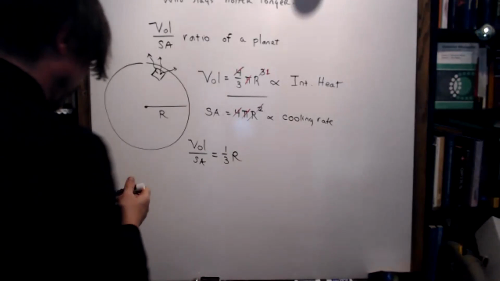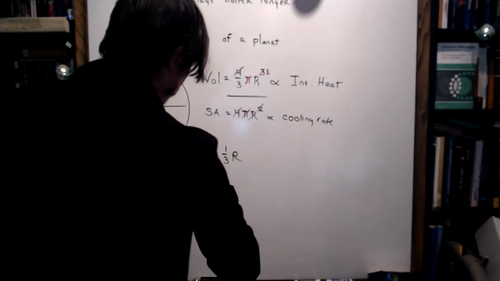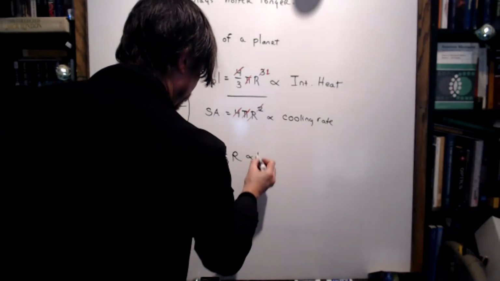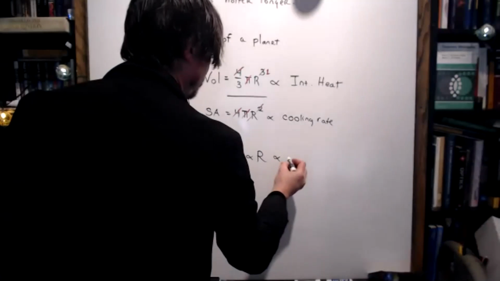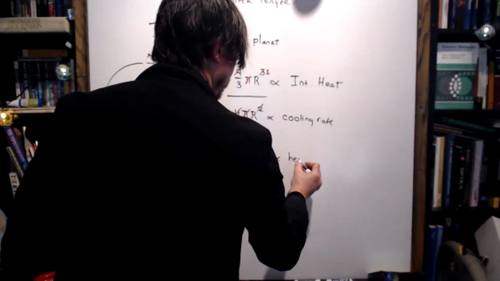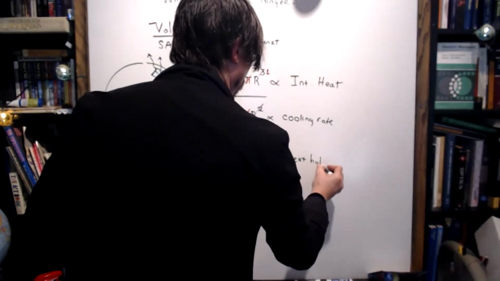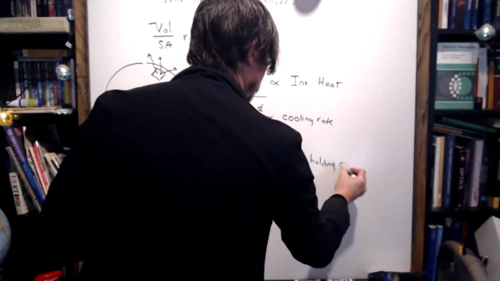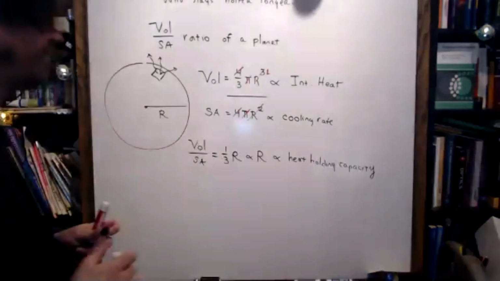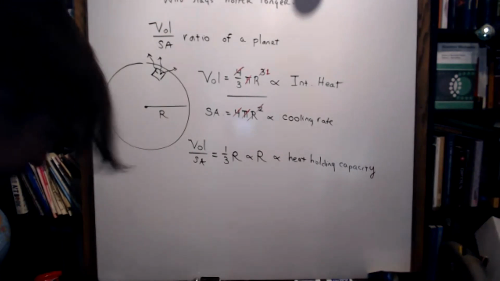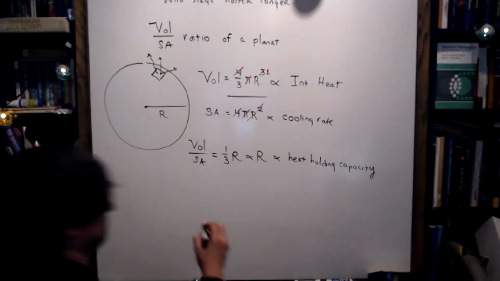1/3 r means something. It means that the volume to surface area ratio is proportional to the radius, and this is proportional basically to the heat holding capacity of a planet. In other words, let's spell out what this means.